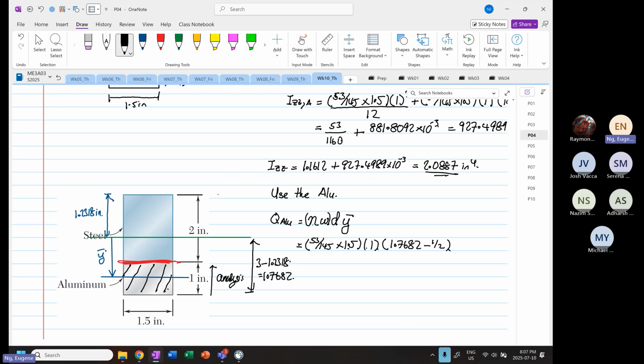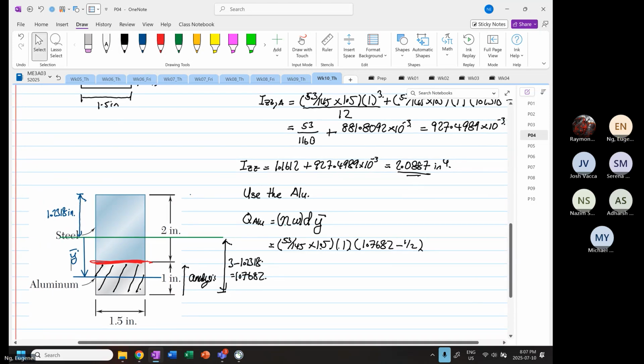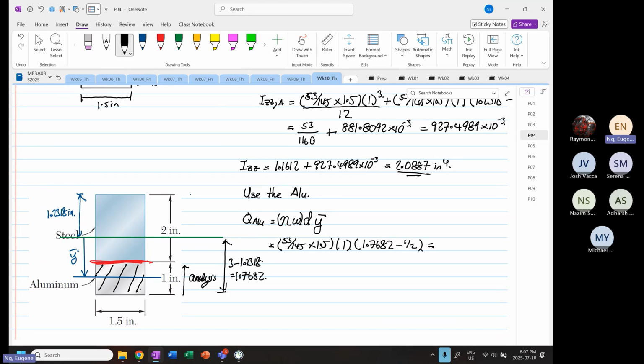So with this, we know that this will be equal to 53 over 145 times 1.5 times 1 times 1.7682 minus 0.5, which is equal to 695.